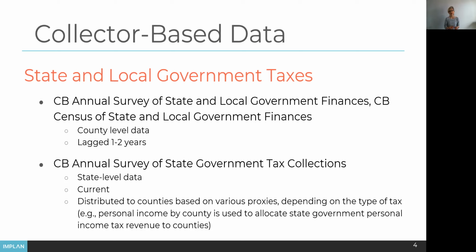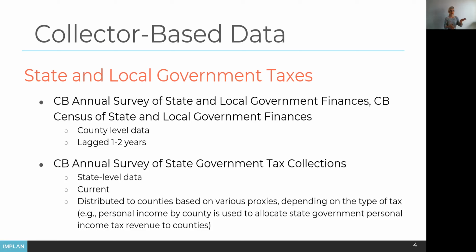And then for state level data, if there's a value in this annual survey of state government tax collections that's also in the two data sets that we've already combined, we'll replace the value in our combined data set with this state level data because it's even more recent because it's actually current.